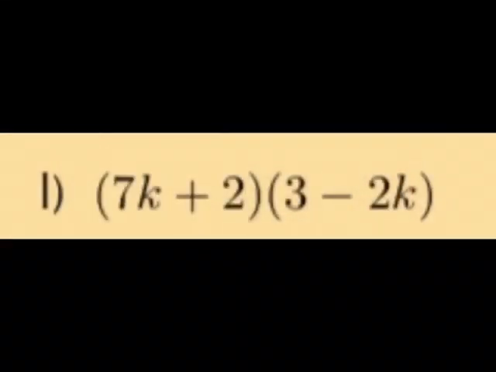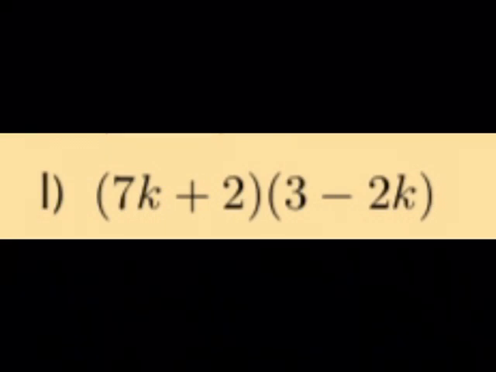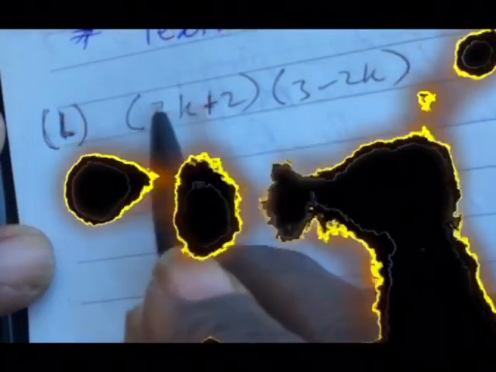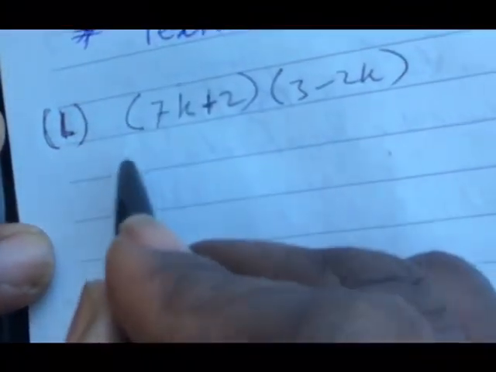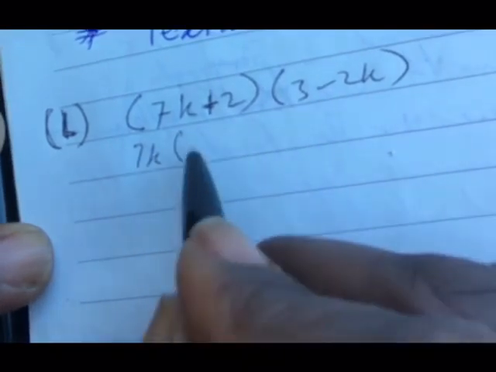Exercise L: (7k plus 2) multiplied by (3 minus 2k). Use 7k to open the next bracket: 7k into bracket 3 minus 2k.